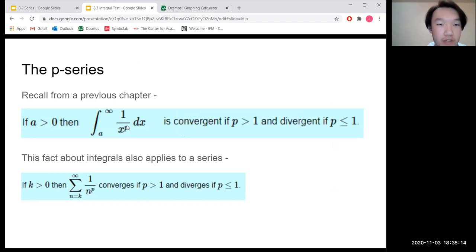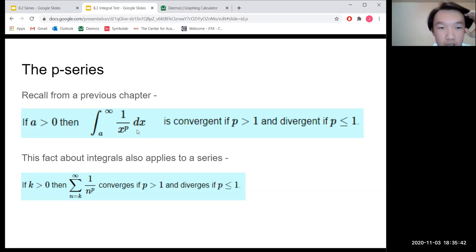Oh, and do you guys remember this integral right here? The integral of 1 over x to some power. Before we said that if the exponent was greater than 1, so if you have stuff like 1 over x squared or 1 over x to the third or something greater, then that integral was convergent because the area underneath the curve got smaller.